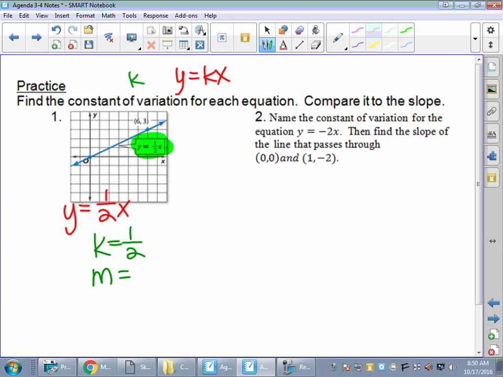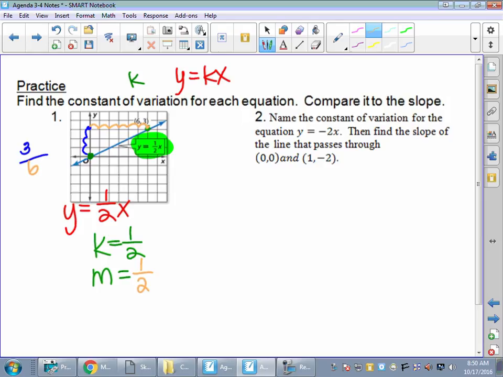Well, what's the slope of this equation? To get from this point to this point, let's just count rise over run. Looks like we rise 1, 2, 3 over 1, 2, 3, 4, 5, 6. Of course, you're not going to tell me the slope is 3 over 6. You're going to simplify that down.